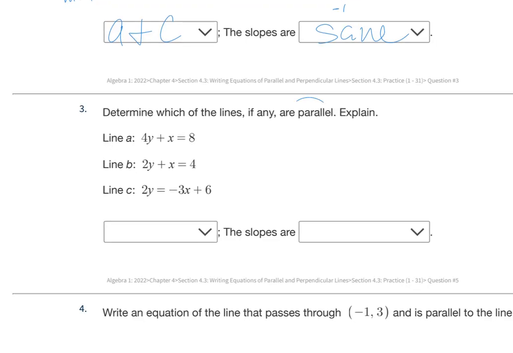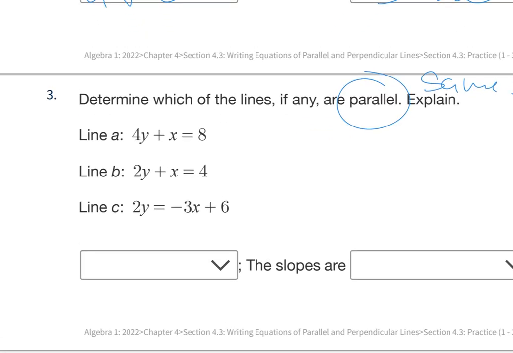Which of these are parallel? Well, they will have the same slope. Now, the fastest way for me to find slope when it's in an equation is slope-intercept form, because the slope will be in front of the x. So you might think, oh, the slope here is 1. That is not how that works, because we want y to be by itself.